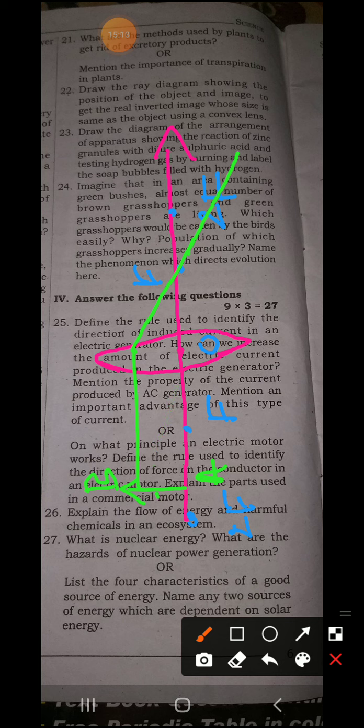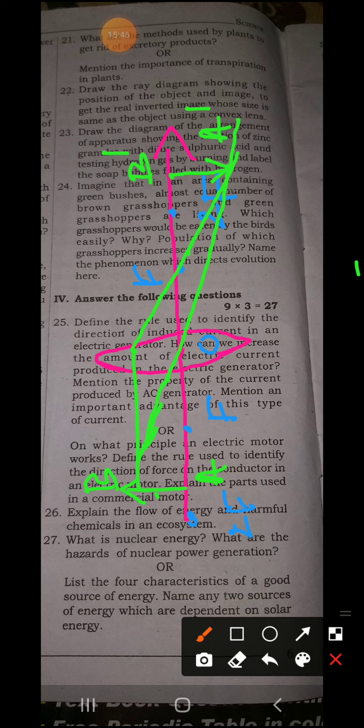Draw it neatly. Here the inverted image forms, which is called A dash and B dash.